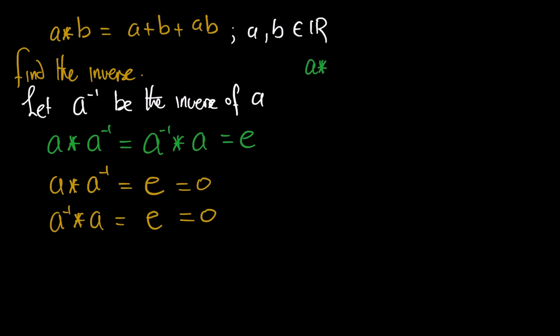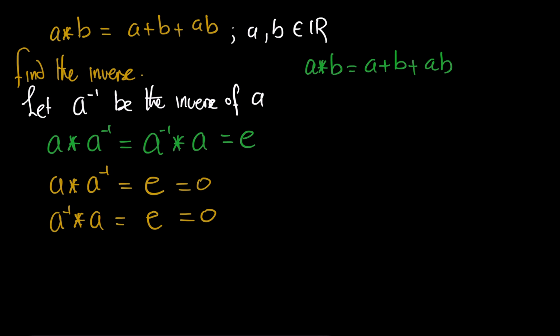We have been given A star B to be A plus B plus AB. But now we're looking for the inverse, so it is A star the inverse of A. Let me rewrite it in a different color.